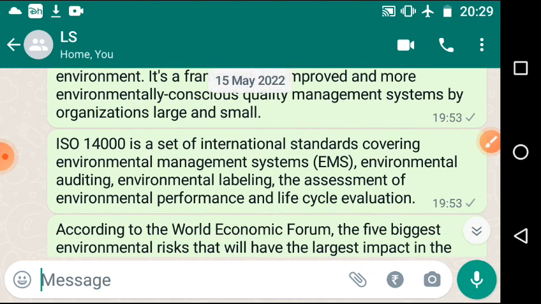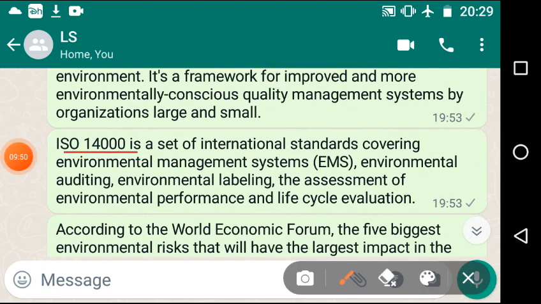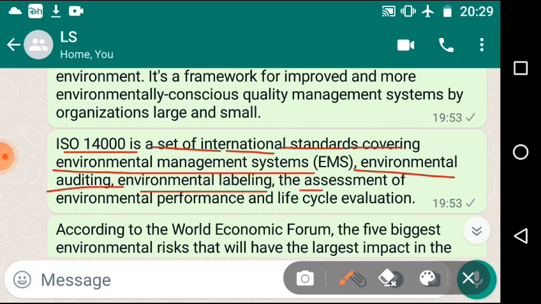Then it is saying ISO 14000 is a set of international standards covering environmental management system, environmental auditing, environmental labeling, and assessment of environmental performance and life cycle evaluation.